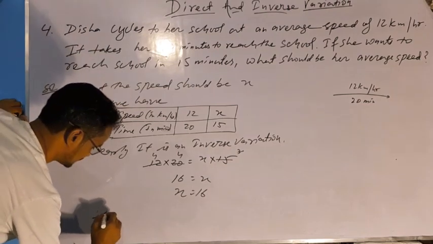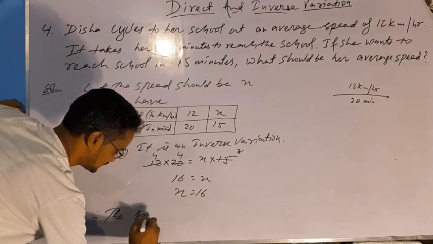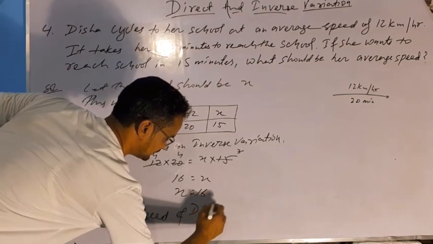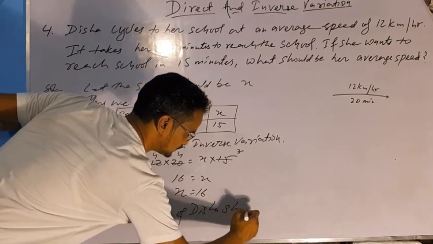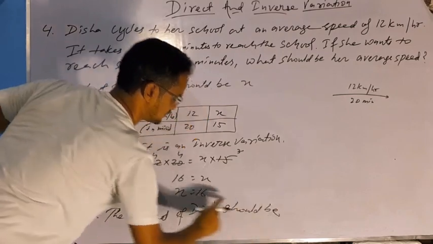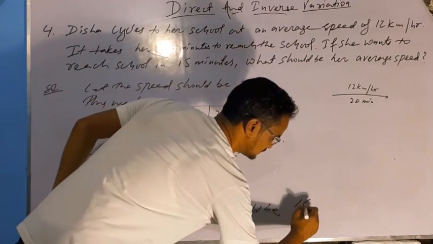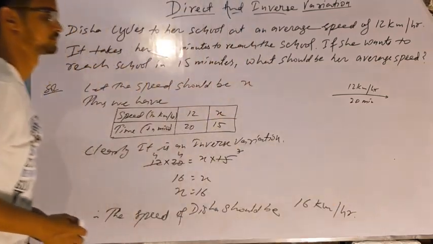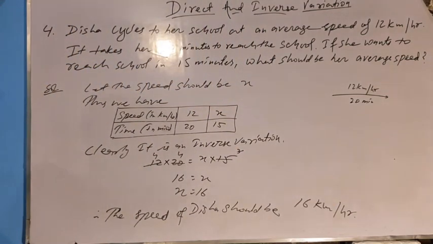Therefore, the speed of Disha should be 16 km per hour. Is it clear?